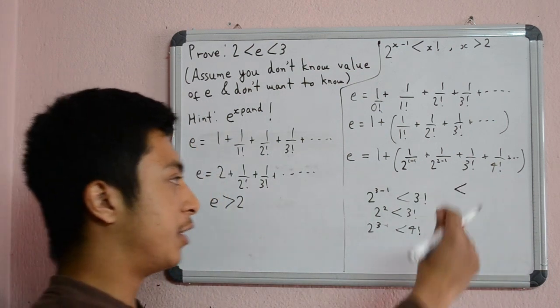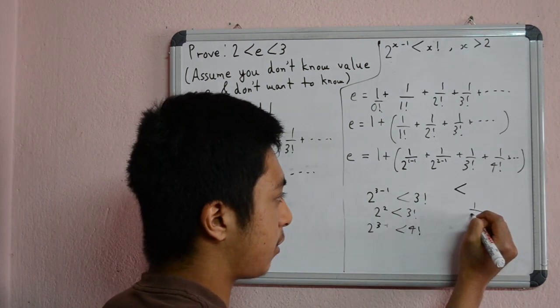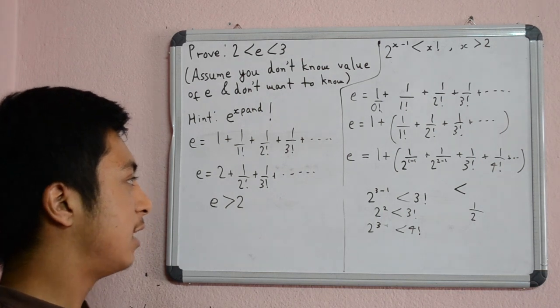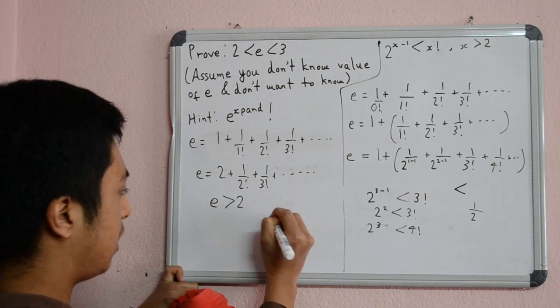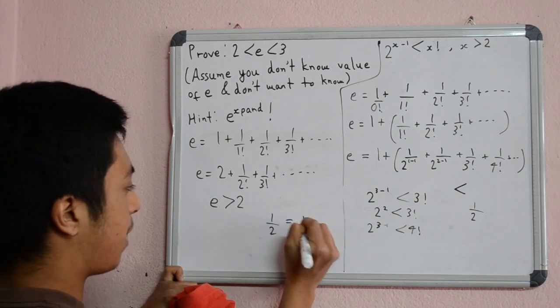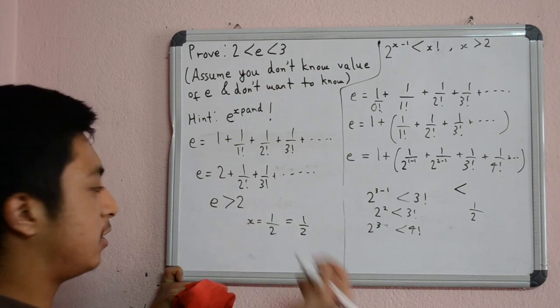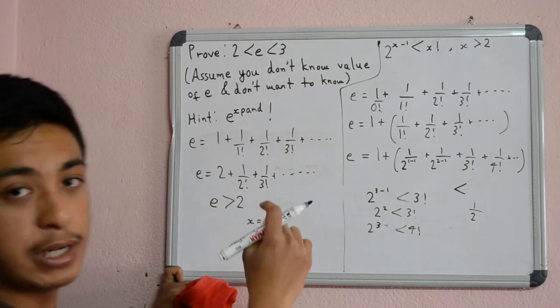Why? Because here we're replacing a fraction by a smaller fraction, so that means the value of this part will get smaller. Let's say you have 1 by 2 is equal to x, so x is equal to 1 by 2.